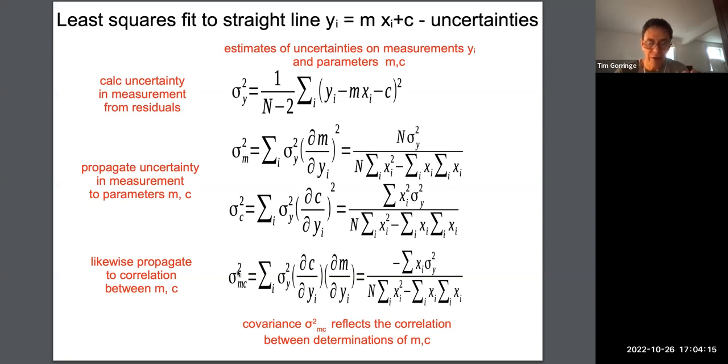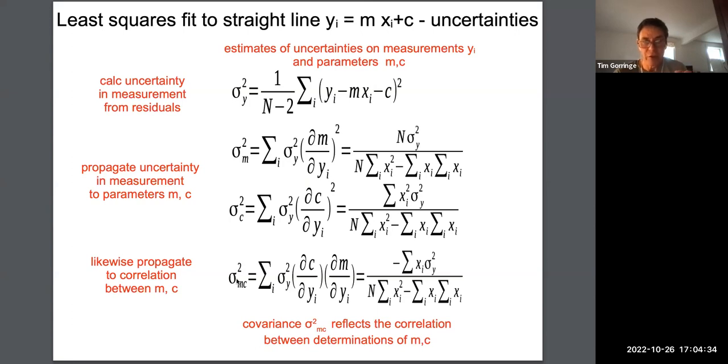Supposing we found it to be 0, that would say that if you change c you don't tend to change m. If you change m, you don't tend to change c. That's uncorrelated.